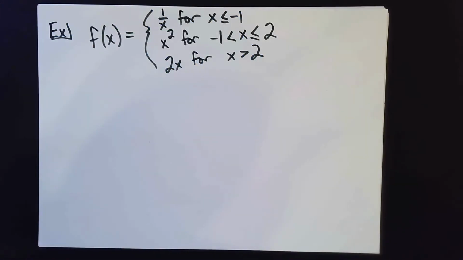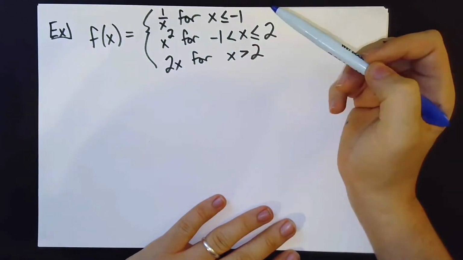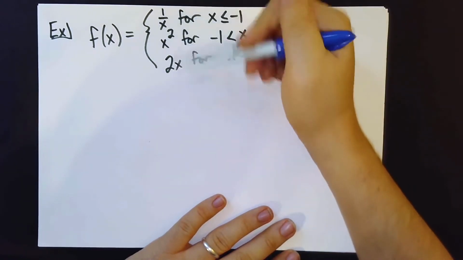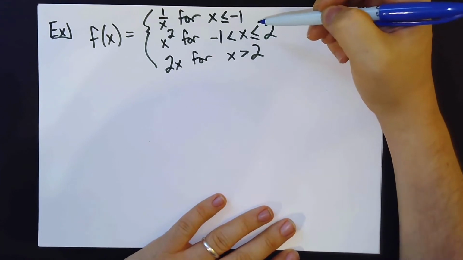Here's our good old friend, a piecewise function. Remember that this piecewise function is really sort of mooshing together these three functions, and which one of the three functions you get depends on what input you put in.